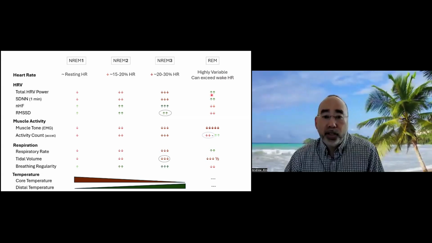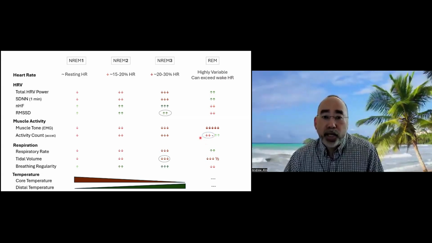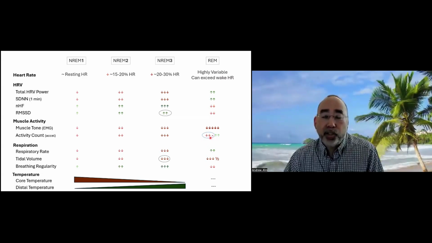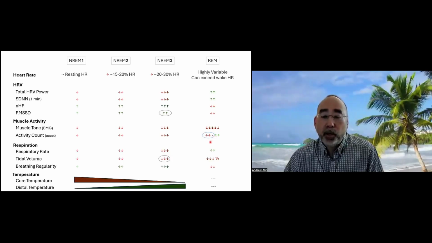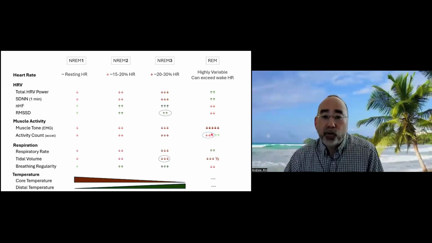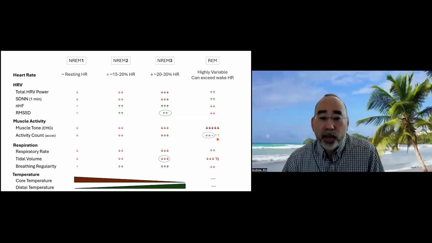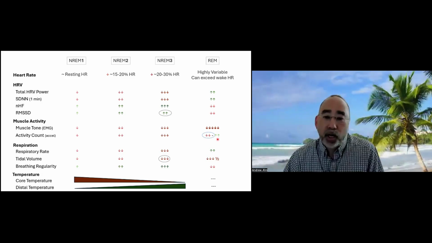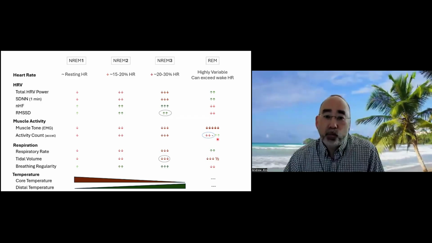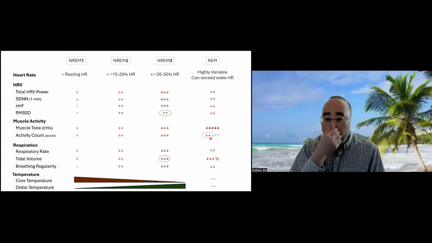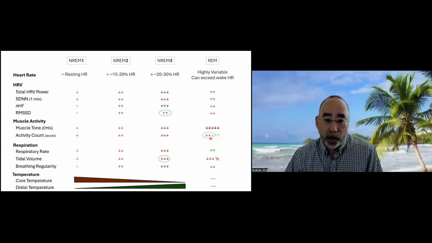And so you ideally want to rely on reduced activity count that you should see during REM sleep. But as I had shown in the previous graph, you can have people acting out their dreams. And this is why REM sleep, when it comes to wearables, does a pretty poor job of differentiating REM sleep from wake. That's one of the things that you have to be aware of.